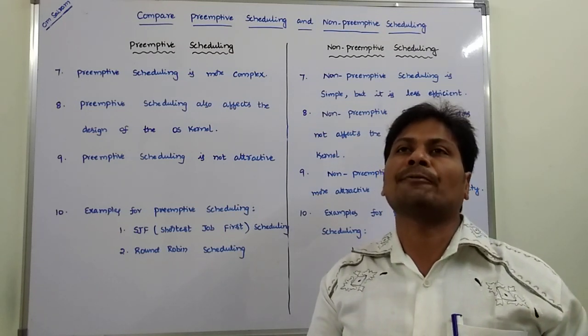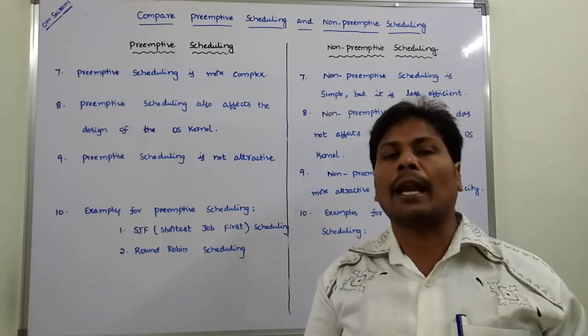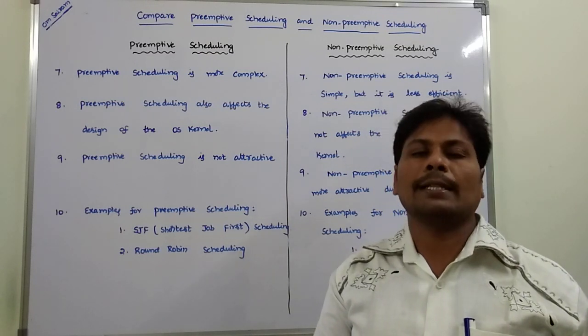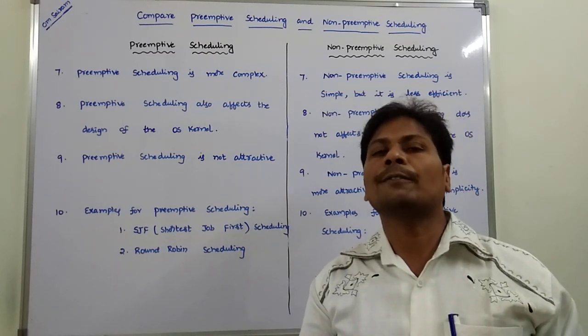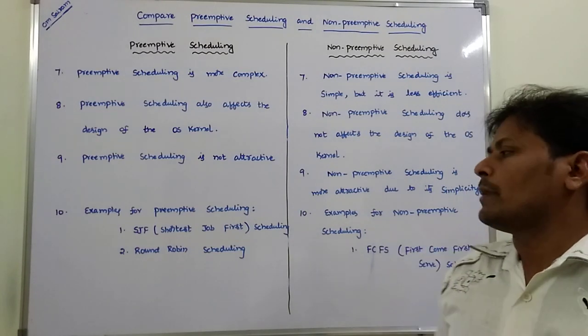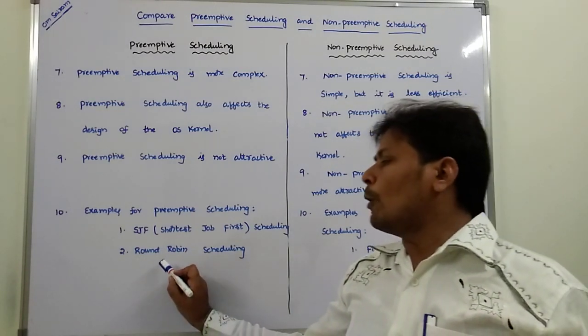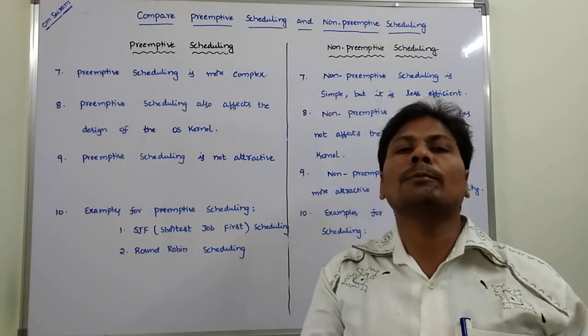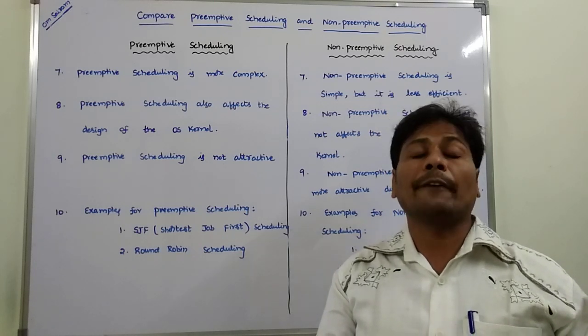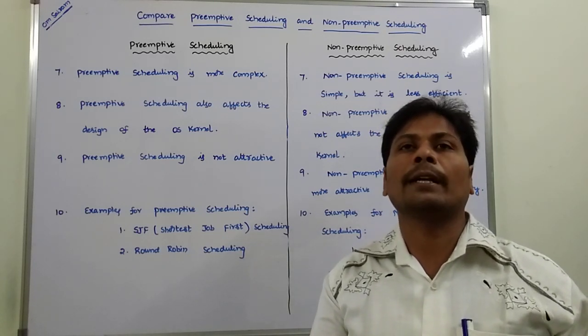Whichever process comes first, the CPU is allocated to that process in the case of first come first serve scheduling. In round robin scheduling, a fixed time quantum is given.